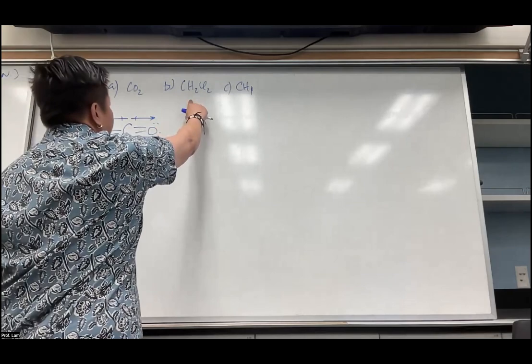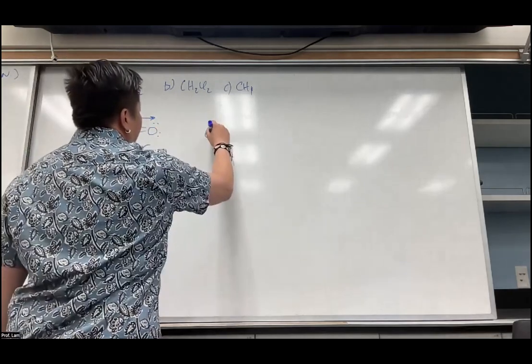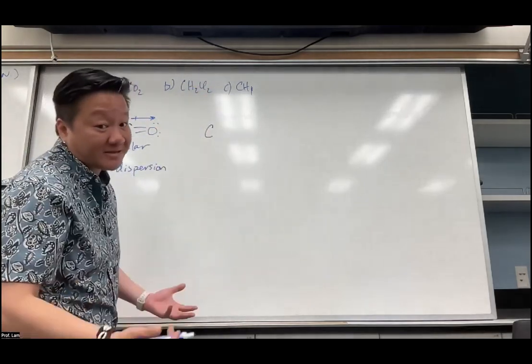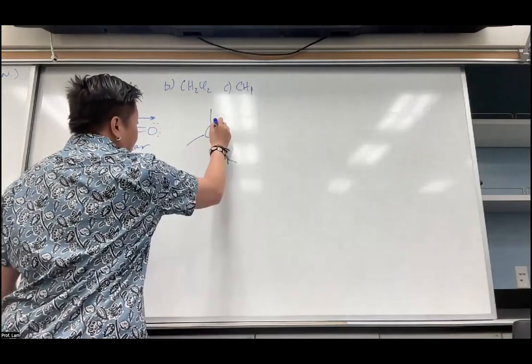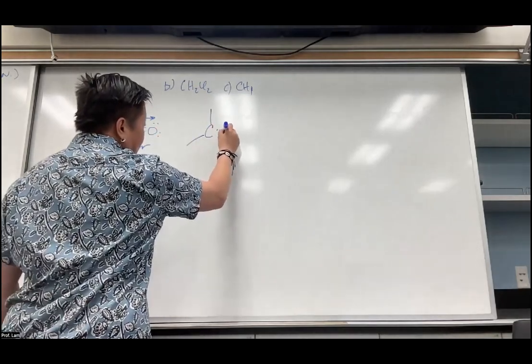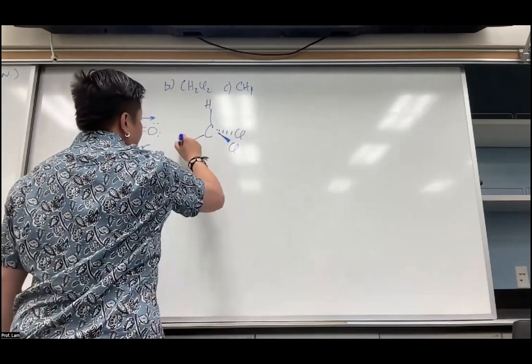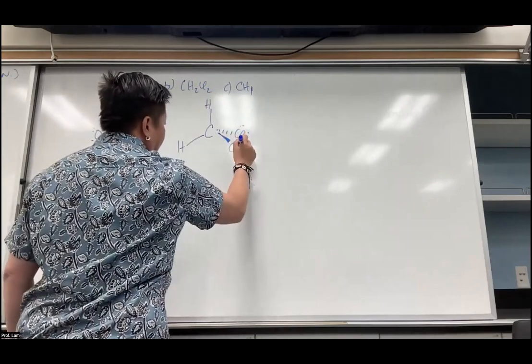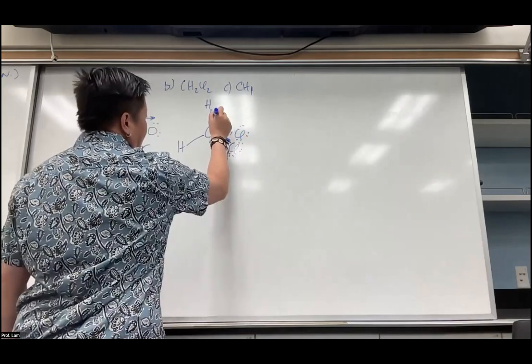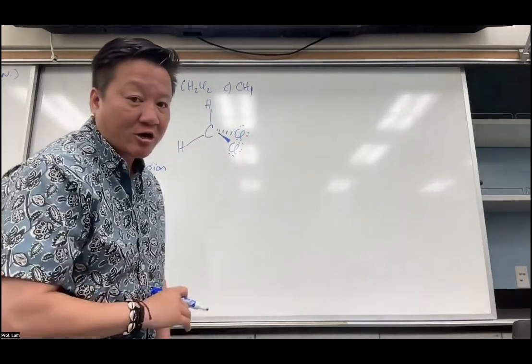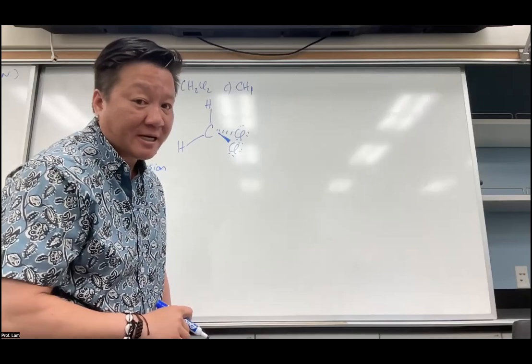Let's move on to the next one, CH2Cl2. That's four things bonded to carbon. It's gotta be tetrahedral, right? So I'm gonna draw my tetrahedral template. Remember, I don't need to draw any bond polarity arrows on top of CH.